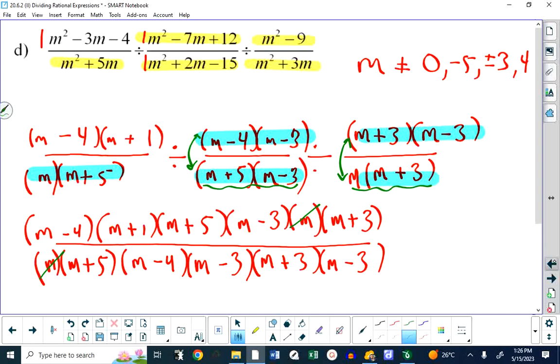Do I have two m minus 4s? I do. Do I have an m plus 1? Nope. M plus 5? Nope. Oh yeah, I do. Here and here. M minus 3. Can I cancel all the m minus 3s? No. I would need 2 on the top and 2 on the bottom. And then m plus 3.